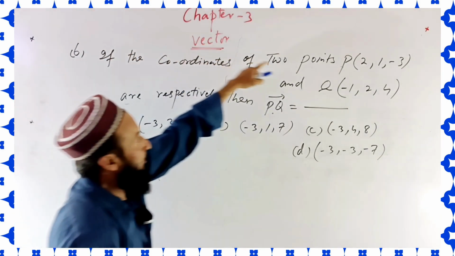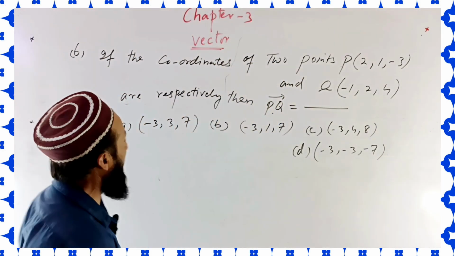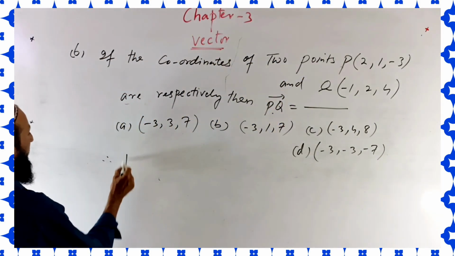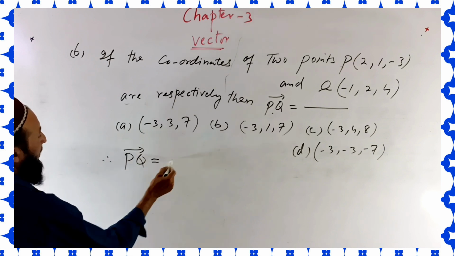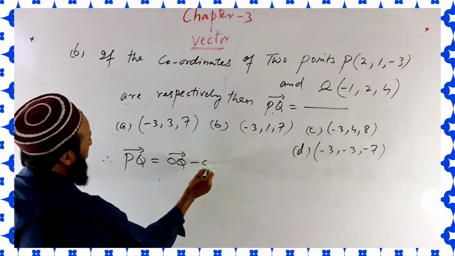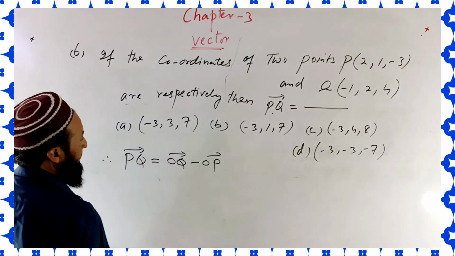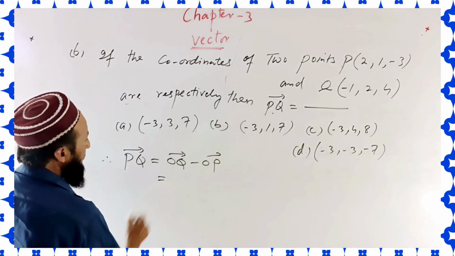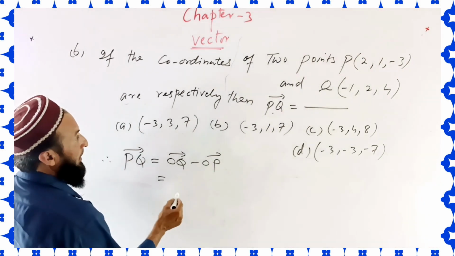2 points are given. If we apply this property here, we can write PQ as OQ minus OP.